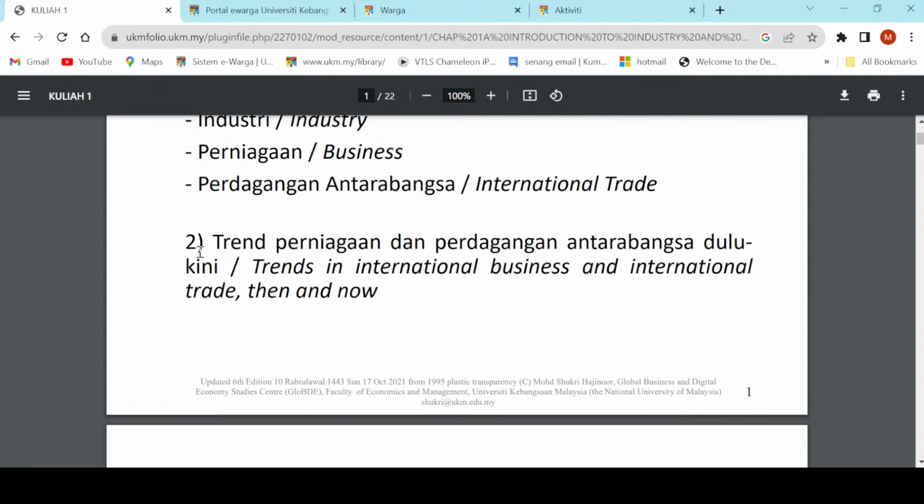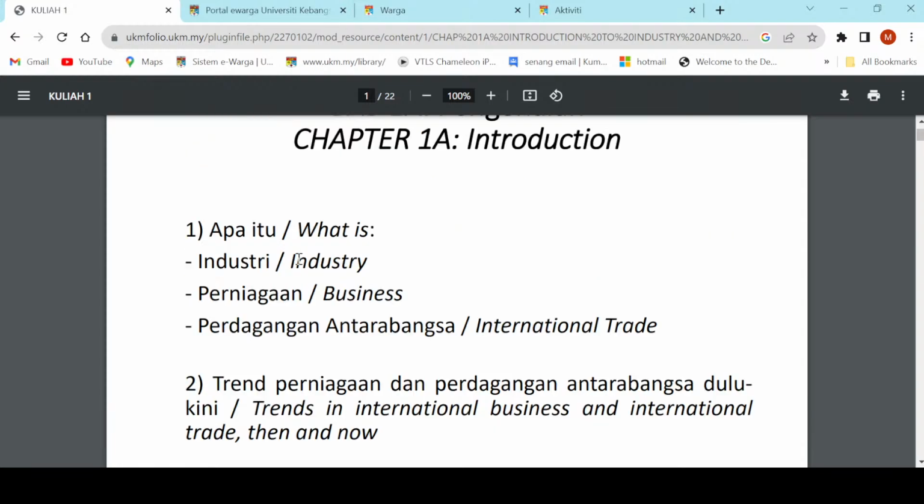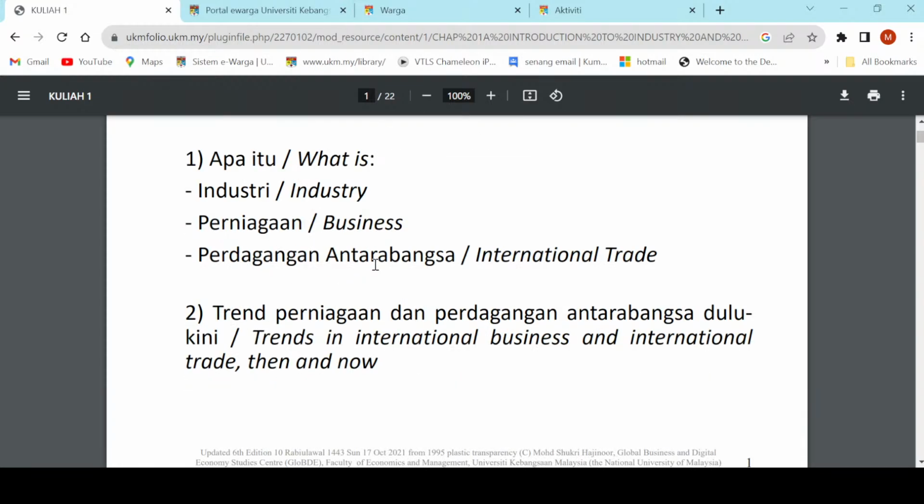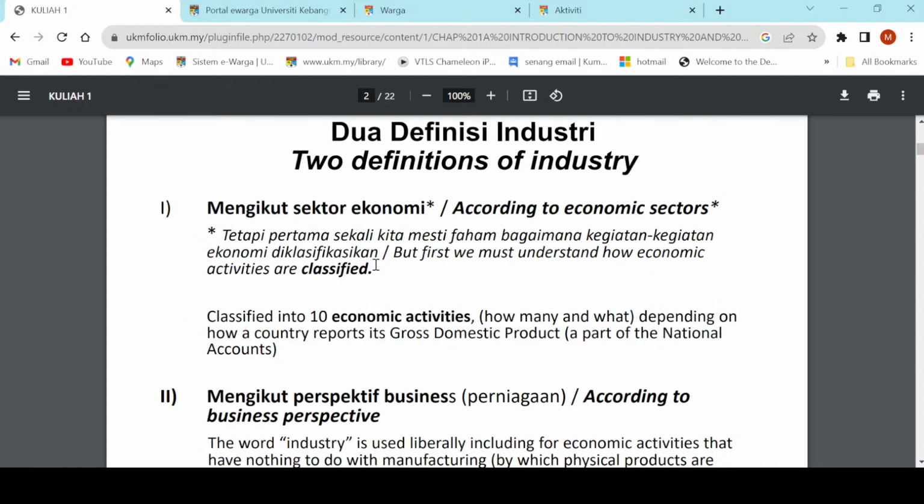So first, to understand what is industry. And here, there are two definitions of industry: according to economic sectors and according to business perspective. Why are there two?